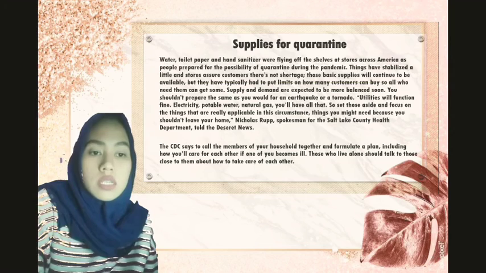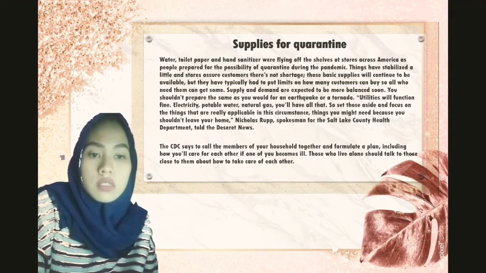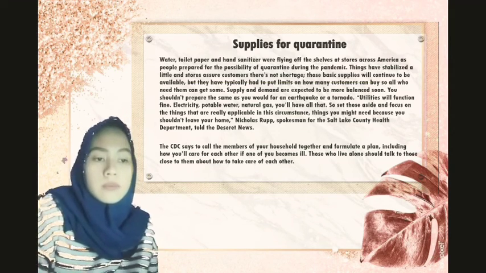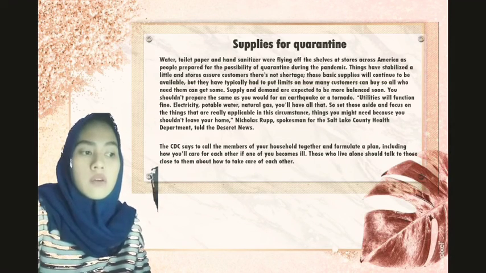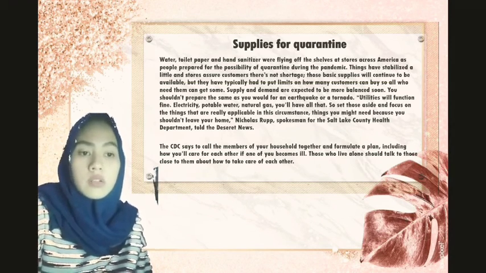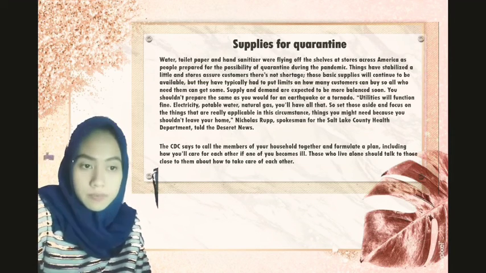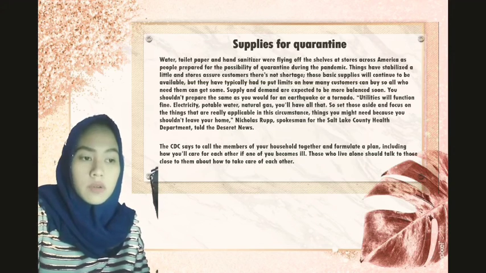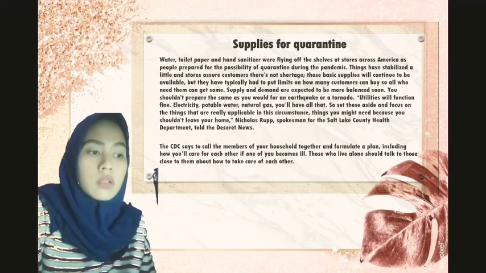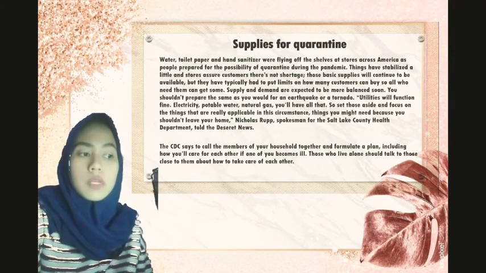The CDC says to call the members of your household together and formulate a plan, including how you will care for each other if one of you becomes ill.